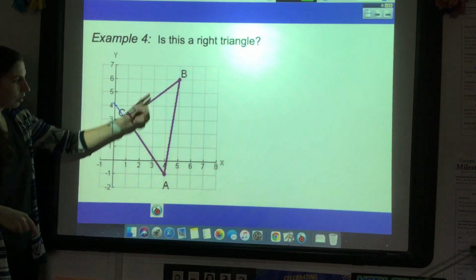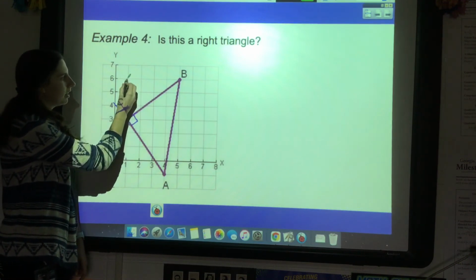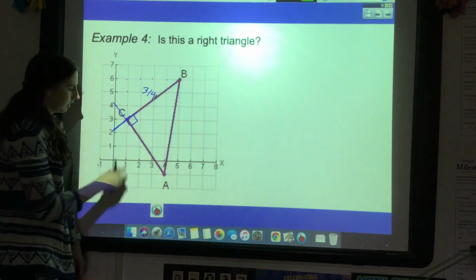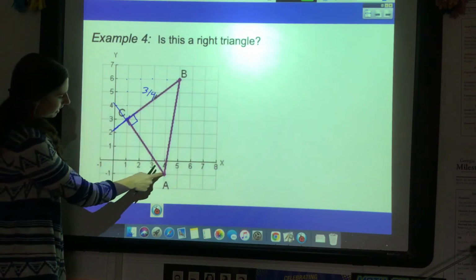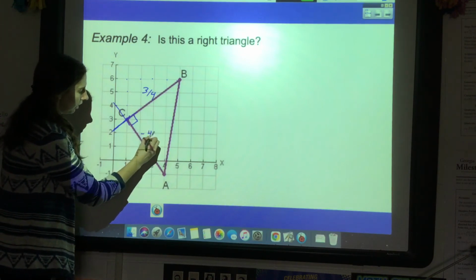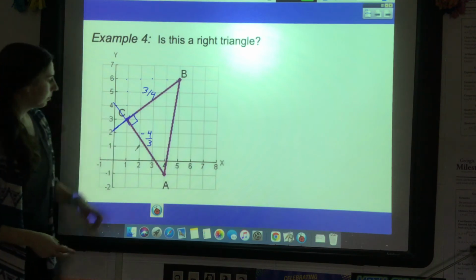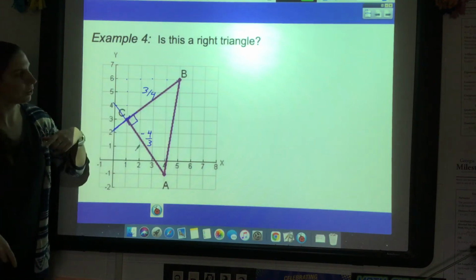So just find the slopes here and see what happens. This one has a slope of up 3 over 4, so 3/4. This one has a slope of down 4, right 3, so -4 over 3. So yeah, it is a right triangle because their slopes are opposite reciprocals. I know for a fact that that's a right angle.